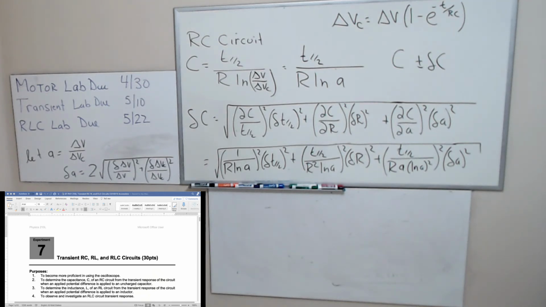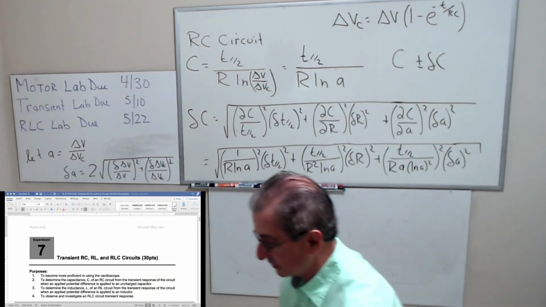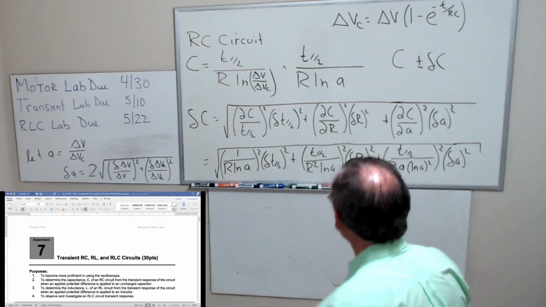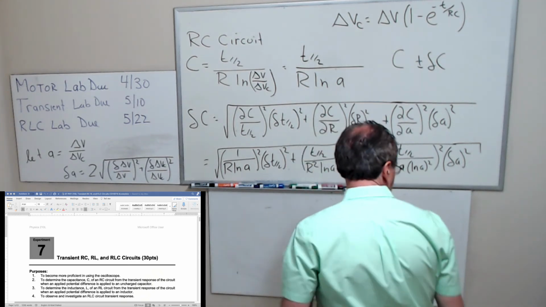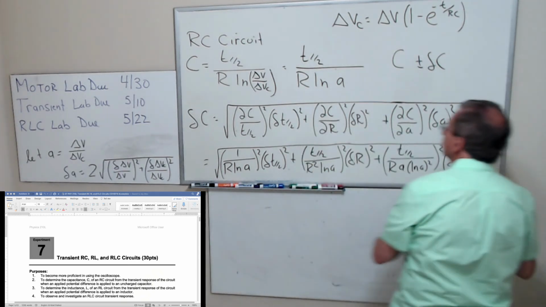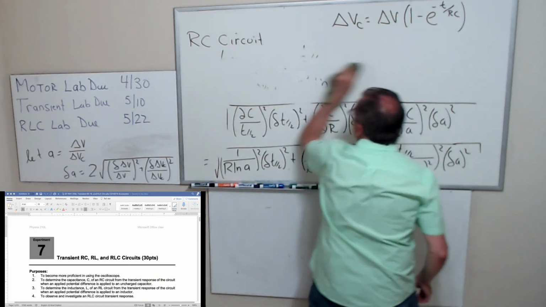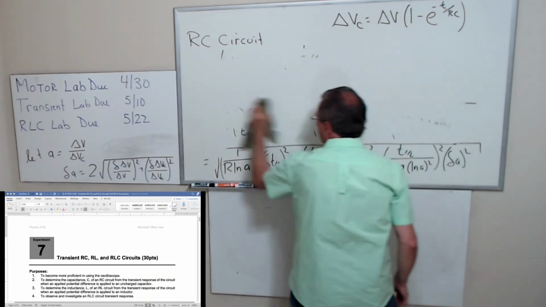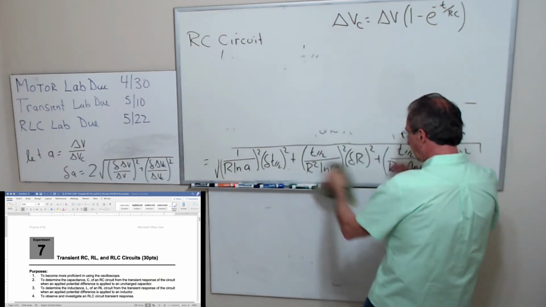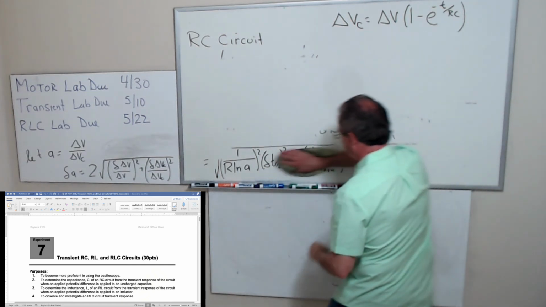I know we haven't discussed inductors, but for the second part of the lab, your circuit's going to look like this. And you're going to do these same uncertainty calculations in the second part of the lab.